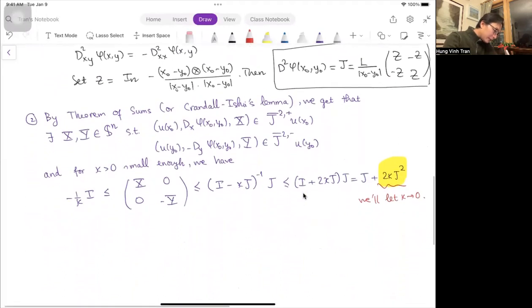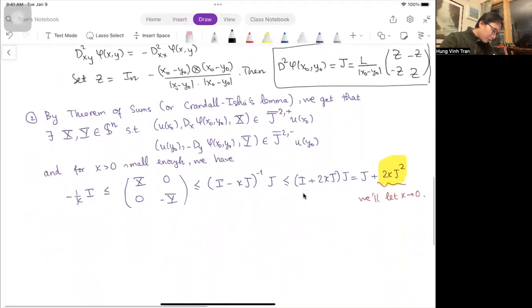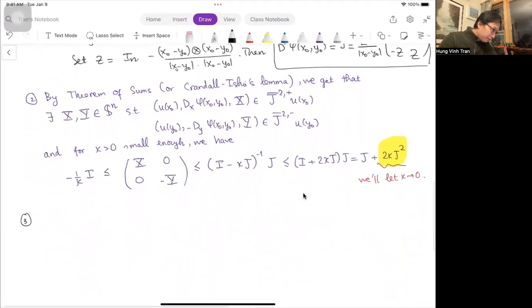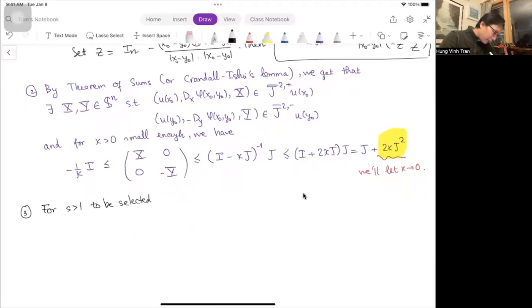What we are doing next is preparing for the viscosity Bernstein method, where we're going to try to differentiate the equation in an intuitive way. So for s greater than 0 to be selected, you can think about the fact that we're going to, roughly speaking, let s go to 0 and try to differentiate, although we will not do that, but that is the moral of the argument here.